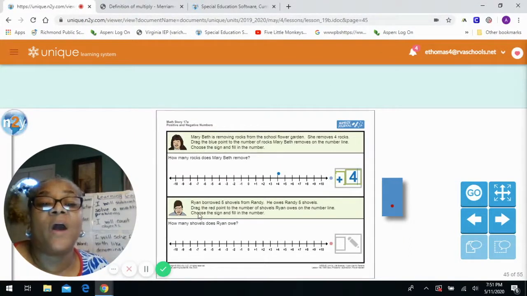Now it says Ryan borrowed 5 shovels from Randy. He owes Randy 5 shovels. Drag the red point, that's this one, to the number of shovels Ryan owes on the number line. Choose the sign and fill in the number. Okay, so he owes, remember the O, meaning what you owe is negative.